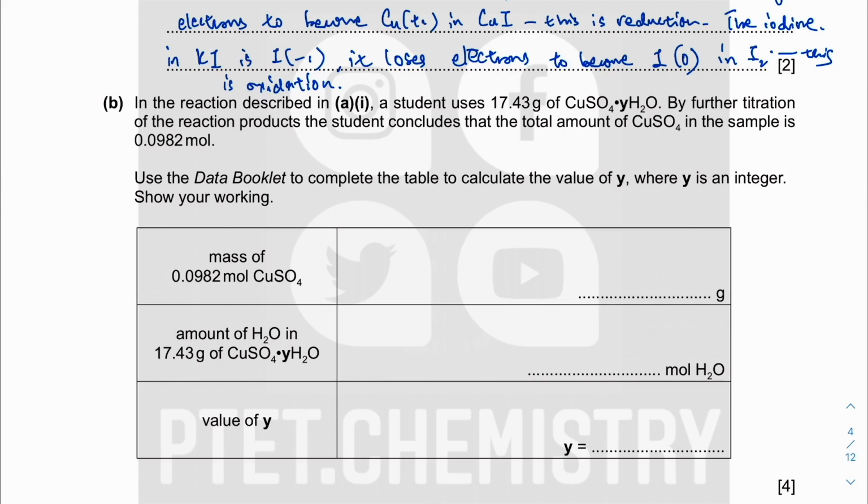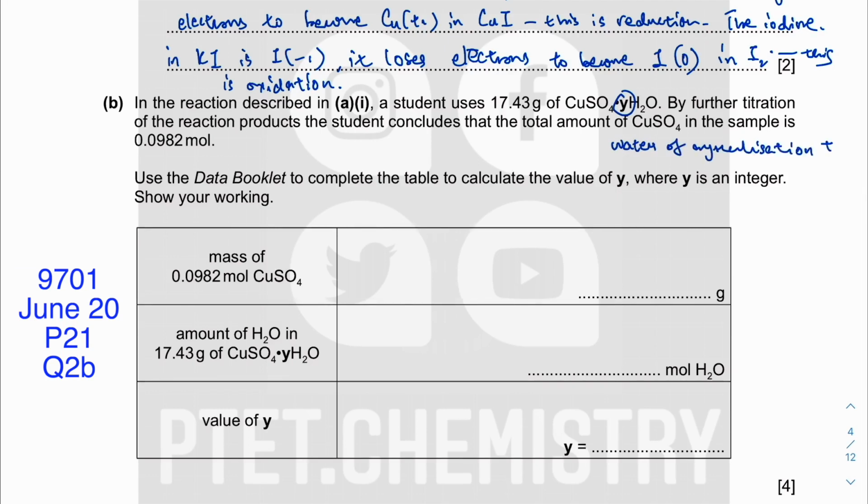Now you need to work out this value of y. This is called water of crystallization. This kind of question is very popular in paper 3 as well as paper 5, because it makes a very good experimental question. You just heat until constant mass, when there's no more H2O being given off. Of course there are certain limitations to the experiment, and certain improvements which you should know.